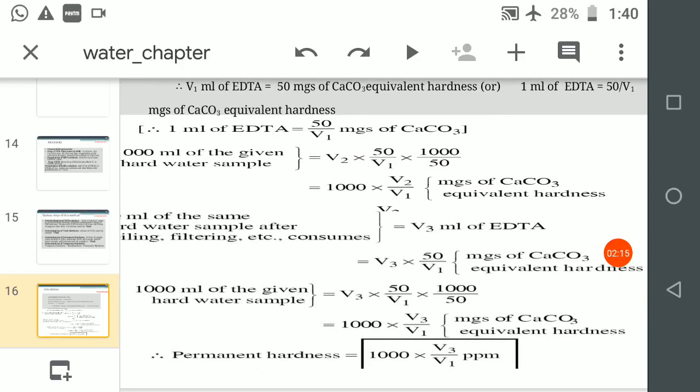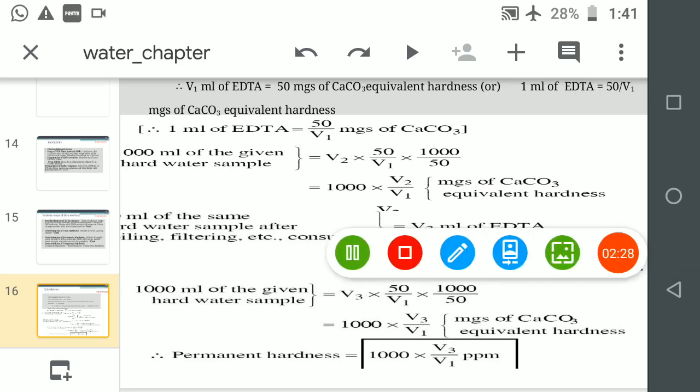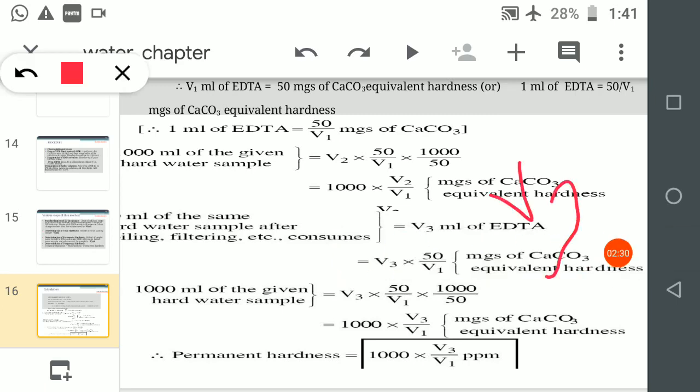Now if we want to find out the hardness in the boiled water sample, when 50 ml of boiled water sample is treated with the EDTA solution, this solution consumes V3 ml of EDTA solution.